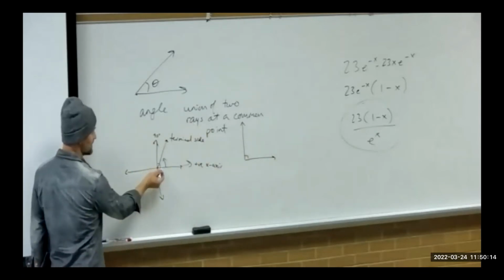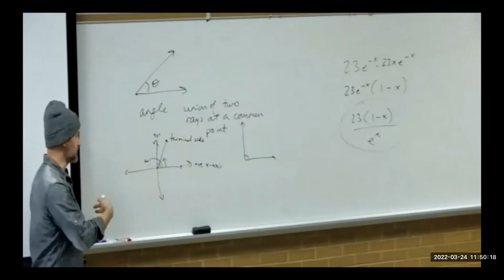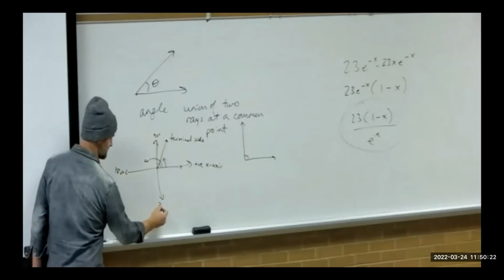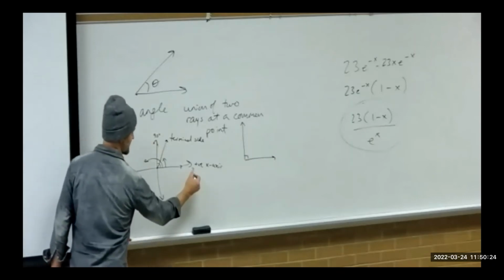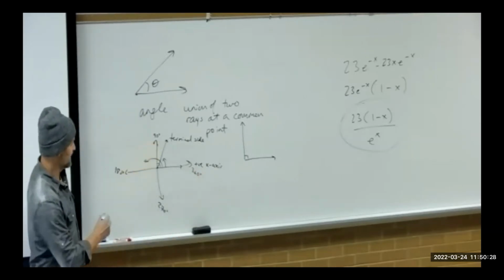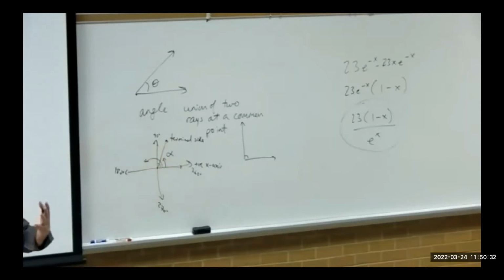If we go over here, it's more than 90 but less than 180, because I've got 90 here, another 90 makes 180, another 90 makes 270, and another 90 makes 360. So this angle, which I'll call alpha, is less than 90 degrees. I could estimate maybe it's 80 degrees, maybe 78 degrees, I don't really know.